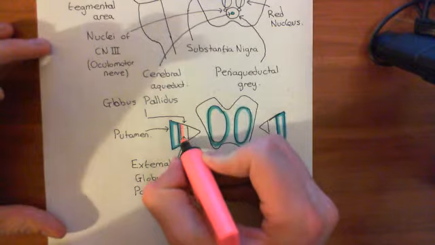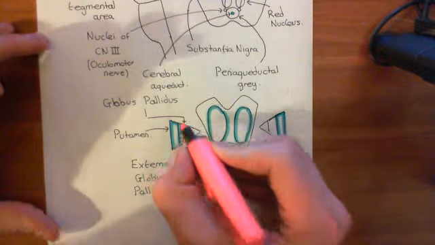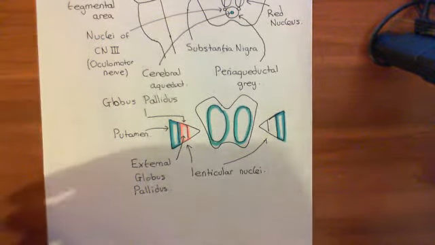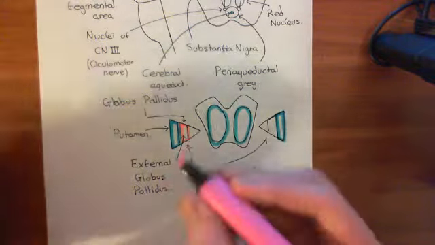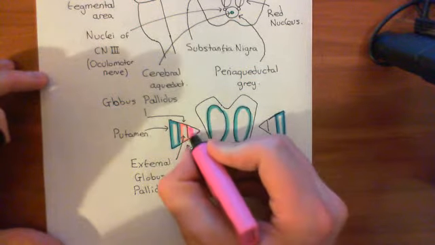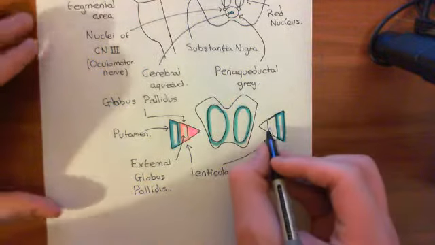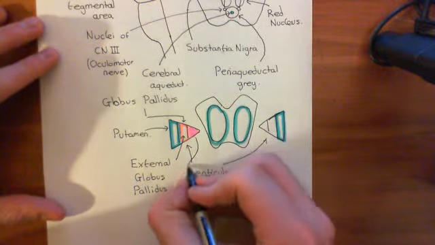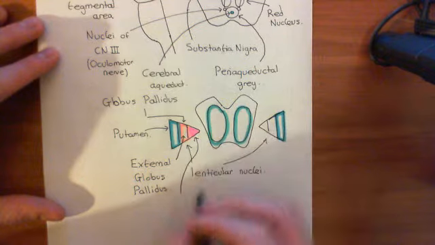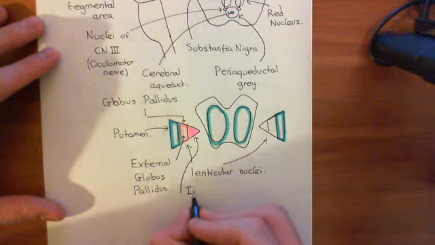And the other portion of the globus pallidus, the portion that's more medial and is closer to the thalamus, which we'll colour in purple here, that's known as the internal globus pallidus, and the same is true on this side here. So this is the internal globus pallidus.